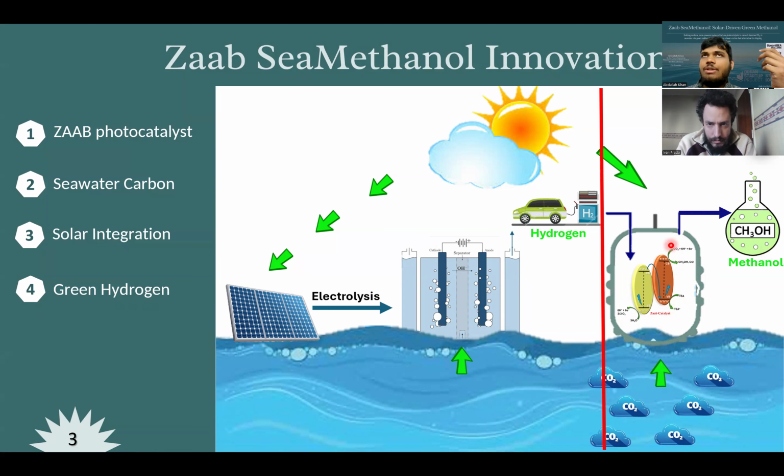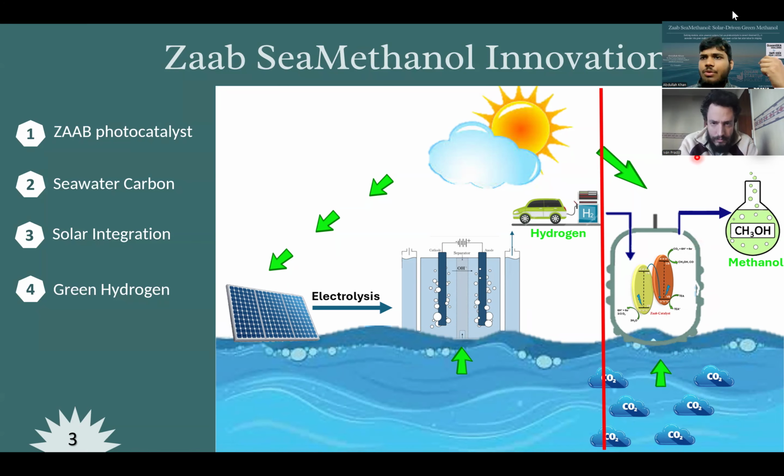The photocatalyst is visible light active. So when photons fall on it, it gets activated, and the reaction takes place by the splitting of water into hydrogen and oxygen, and reacting further, it leads to the formation of methanol. So this is the part of photocatalysis.